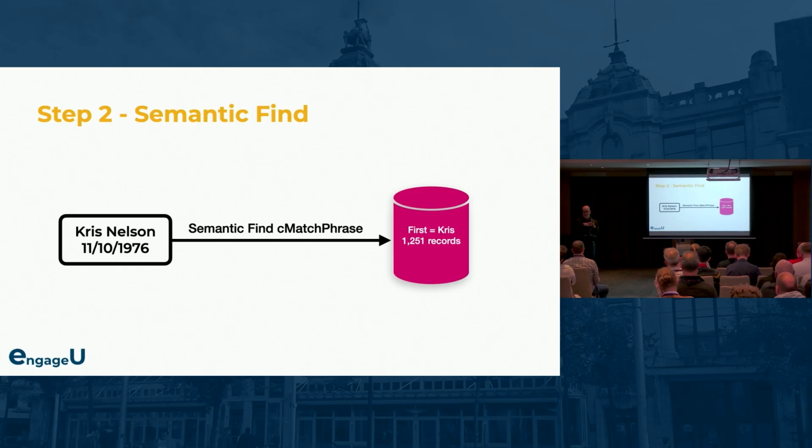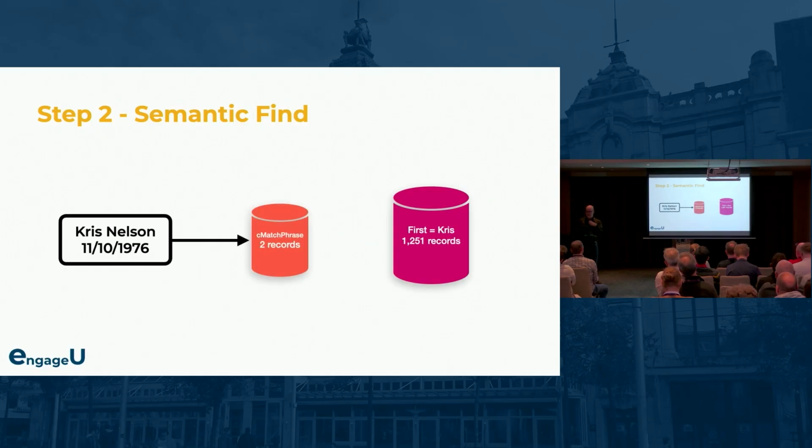So we're searching first, middle, last name, and date of birth using our embeddings. And this time, we only find 2 matches with a high cosine similarity. This means that with Semantic Find, we located 2 records in that found set of 1,251 that had a closely matched first, middle, last name, and date of birth. The interesting thing here is that those 2 records we found were exactly matched to a portion of the search query, which was the first name.